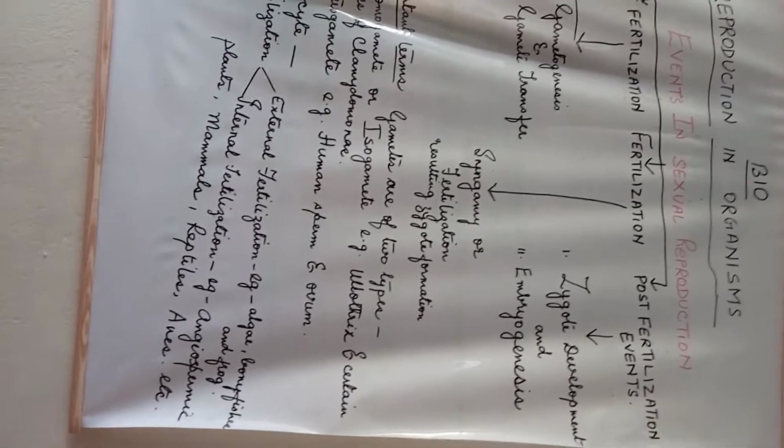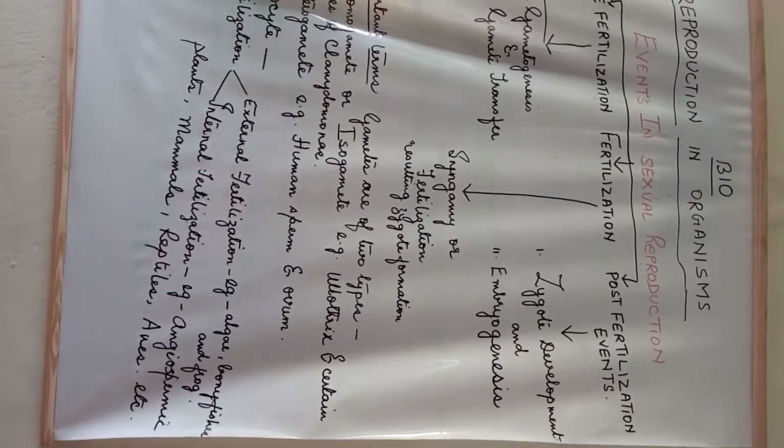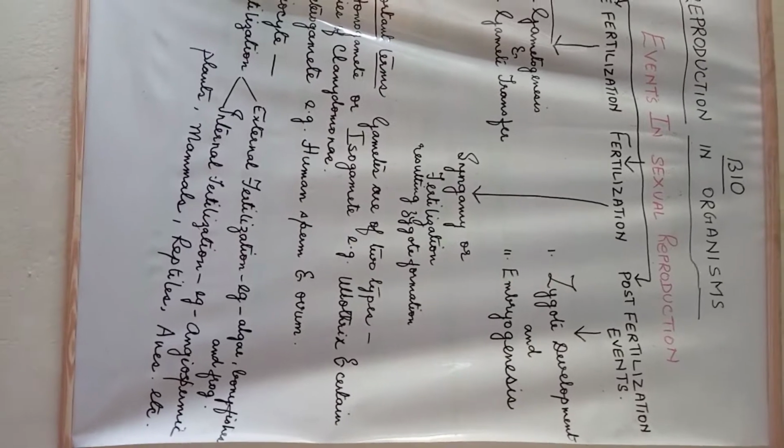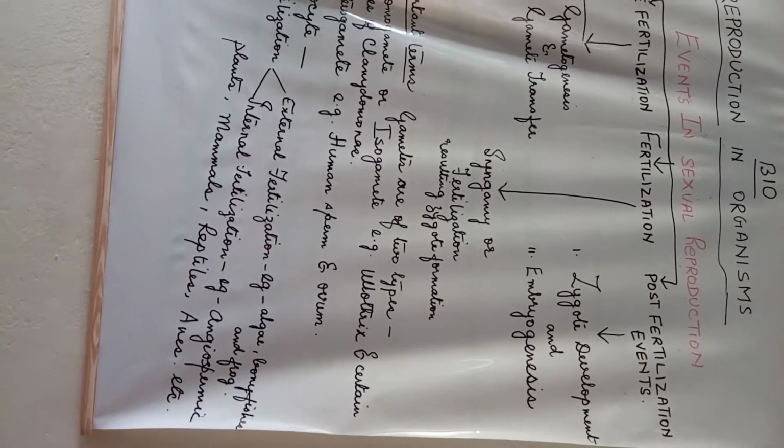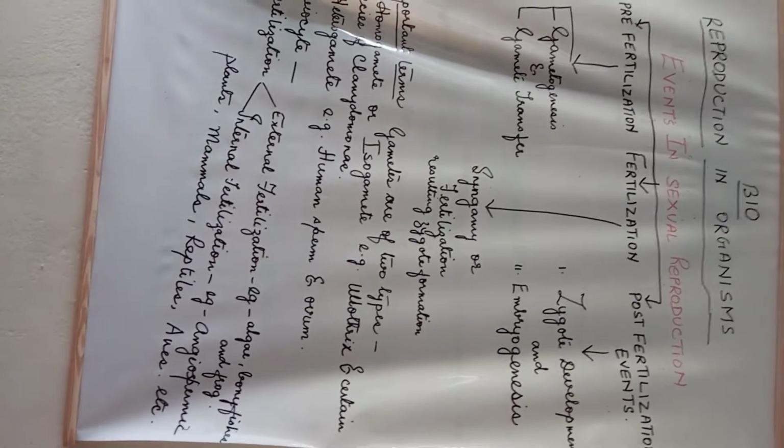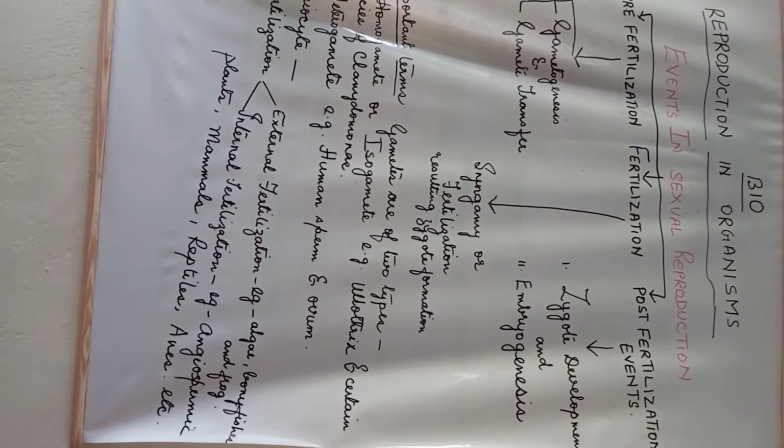Now we come to fertilization. All of you have studied earlier that the fusion of gametes leading to the formation of a diploid zygote is known as fertilization, and it is one of the important events in sexual reproduction.